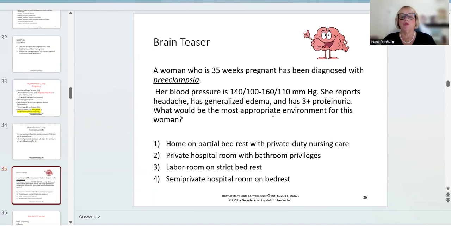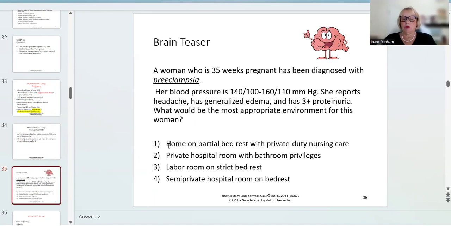What would be the most appropriate environment for this woman to be in? Anybody? Yeah, she's going to be in the hospital.